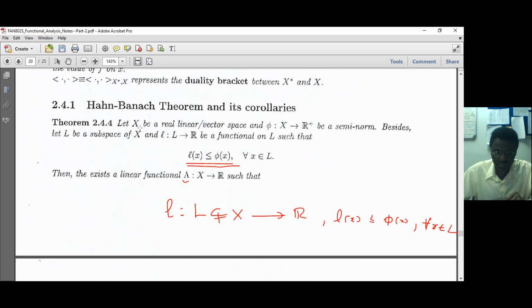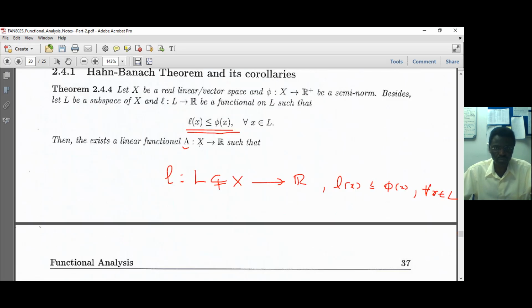Because here, if you look at the assumption, we say X a linear space. We did not mention norm. It's phi that is a seminorm, but in X we don't have a norm. So far we don't have a norm. Even in capital L, there's no norm, right?